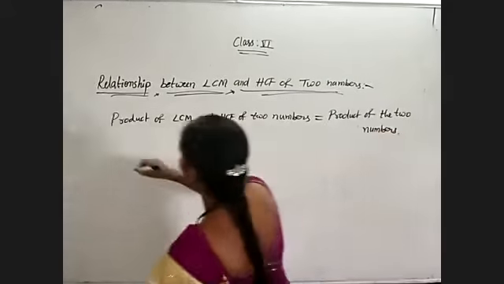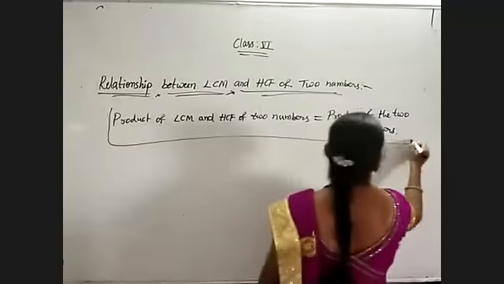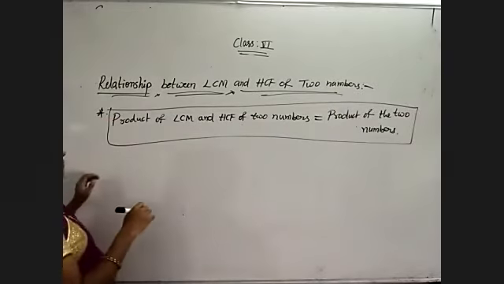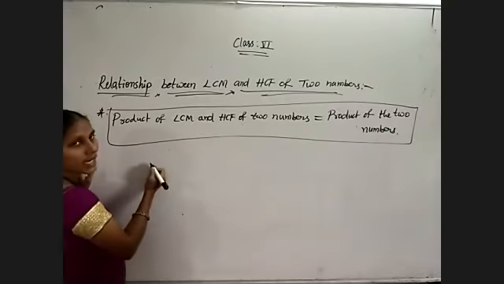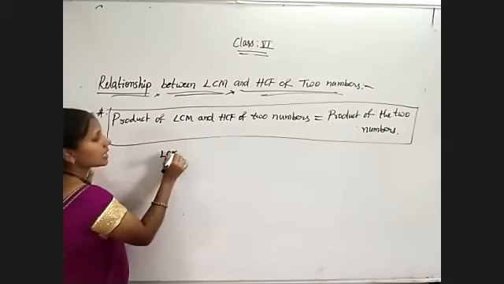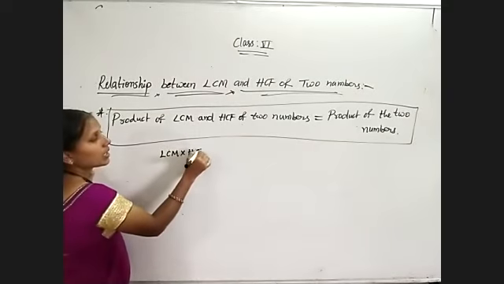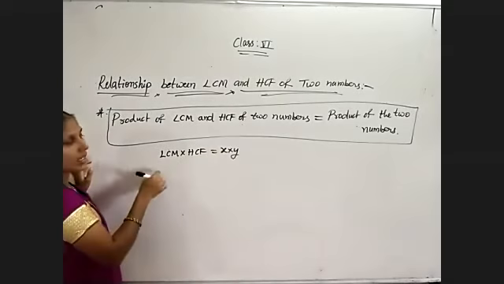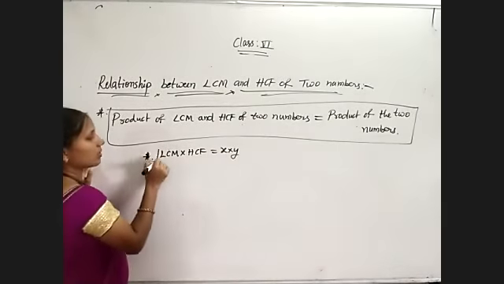So this is the formula. Now, if I am taking the two numbers as x and y, then simply LCM into HCF is equal to x into y, product of two numbers. That's all. So this is the basic formula.